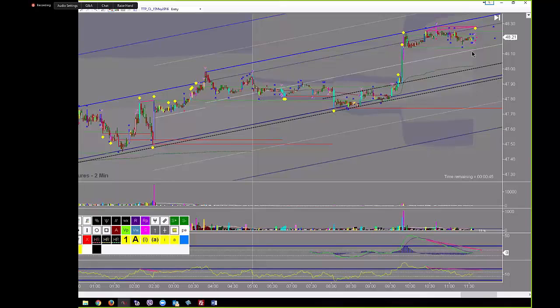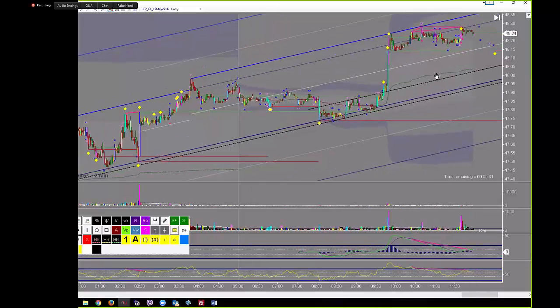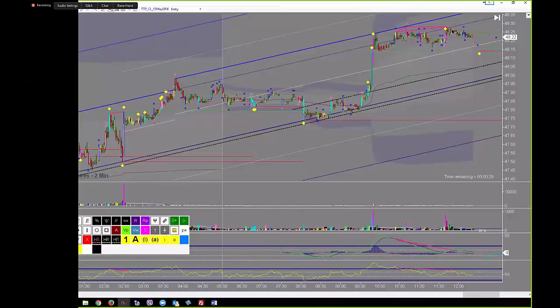The black dotted line, that was our previous resistance point. So we'd be looking to come back to see if the market could find support. We've come back up, we're just testing the top of this trend line, and we've stepped down ever so slightly. This stepping down is a slight sign of weakness, so with that I would probably expect the market to go lower. That would be my prediction.